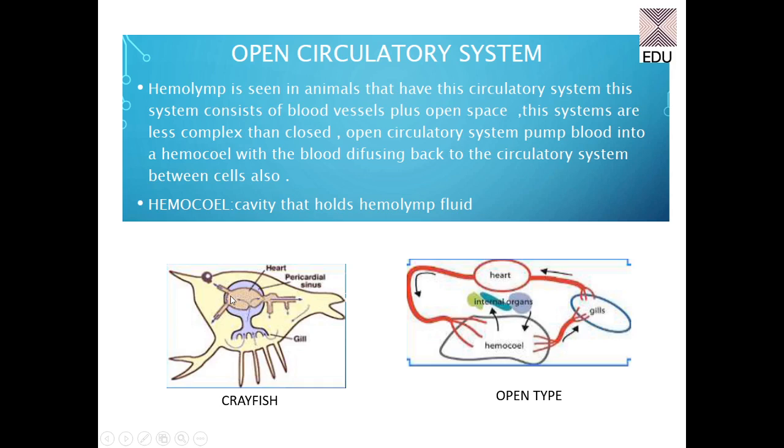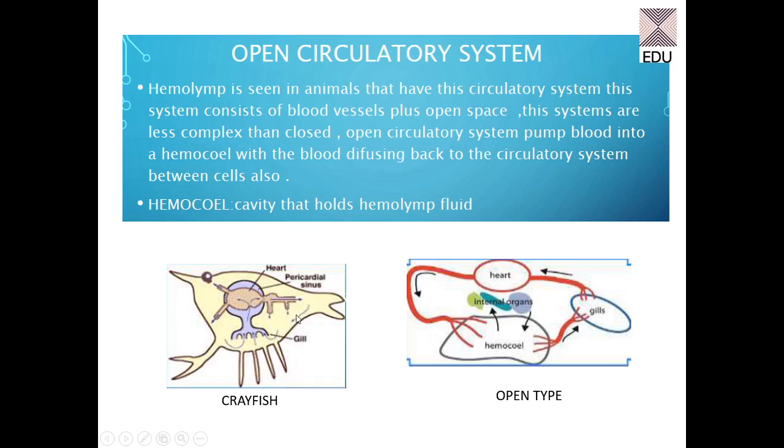So it has three kinds of arteries. One is going towards the back side, one is going towards the anterior dorsal side, towards the eyes, and one is going towards the ventro-anterior side. And these arteries are putting this hemolymph into this sinus, the open space.